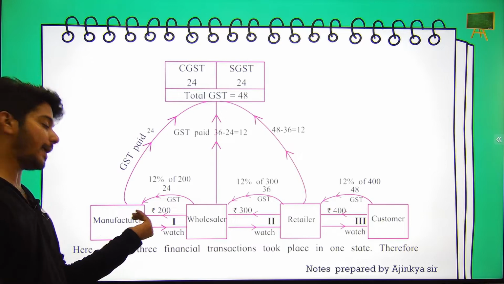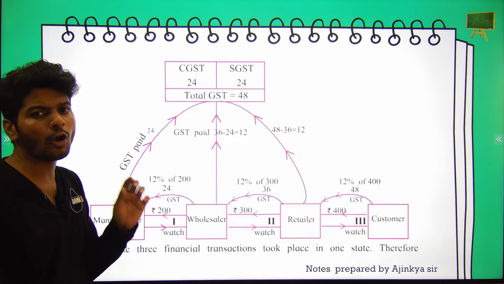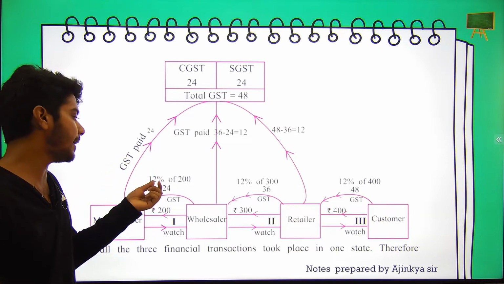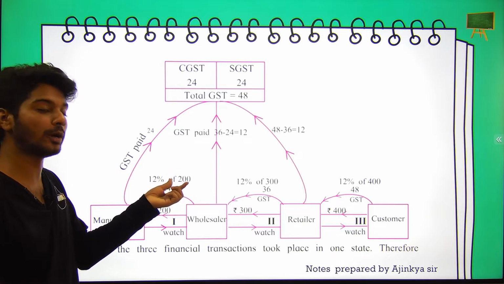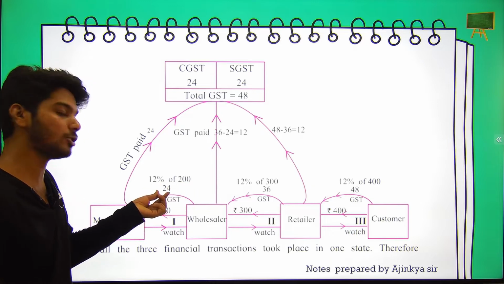The wholesaler pays 200 rupees to the manufacturer, and on the watch the rate of GST is 12%. So he has to pay tax on 200 rupees, which is 12% of 200, that is 24 rupees.